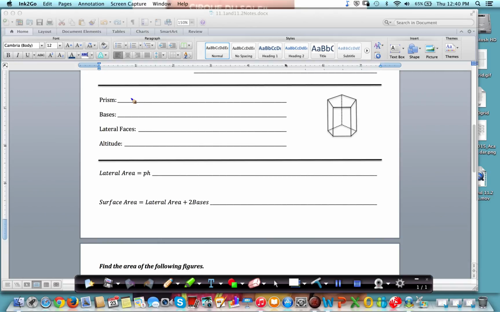We're going to look at the prism and decide that it's a polyhedron with two parallel faces. So two of the faces are parallel. Usually that's top and bottom, but it doesn't have to be top and bottom.